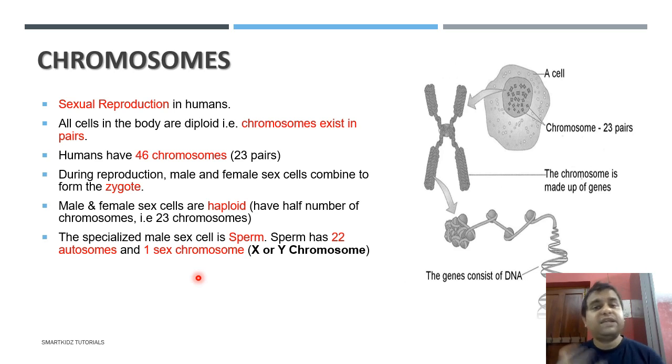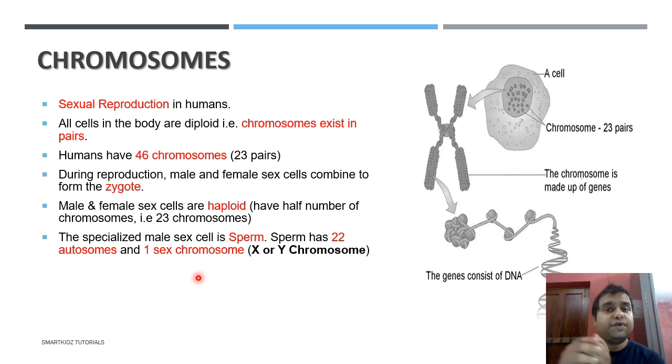Whereas the father can donate either the X chromosome or the Y chromosome, because that's a pair together, right? So he can only give 50%. In that 50%, it can be either X chromosome or Y chromosome. If he gives X chromosome in the reproduction, it will result in a girl. If he gives Y chromosome, then it will result in a boy.